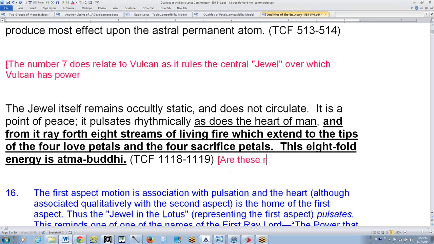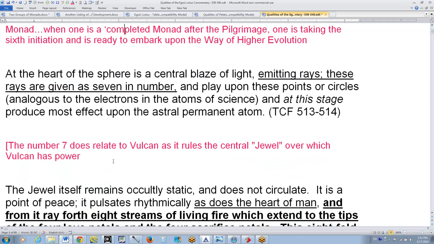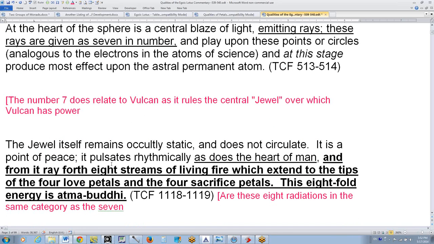Are these 8 radiations in the same category as the 7, what should we call them here, light rays, as the 7 light rays emitted from the 7 facets.